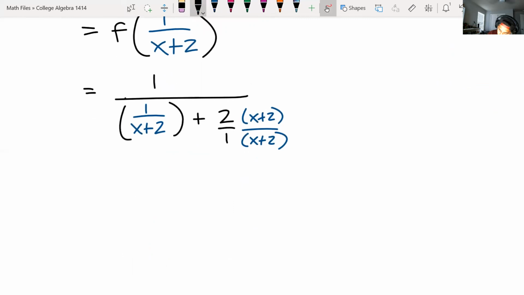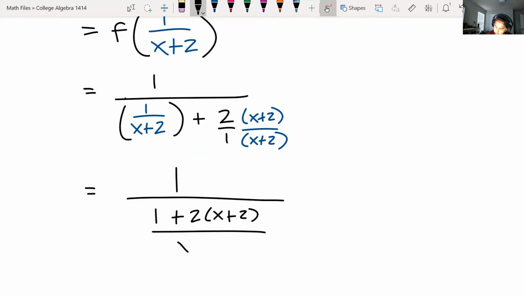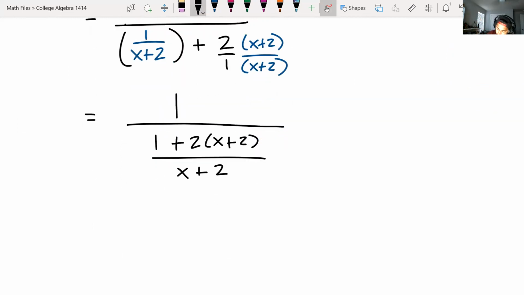Okay. And you get 1 over 1 plus 2 times x plus 2 over x plus 2. And again, you have a fraction in the denominator, so we're going to reciprocate it, or flip it. And we get x plus 2 over 1 plus 2 times x plus 2.